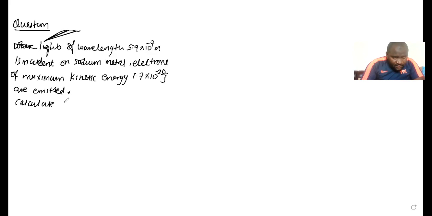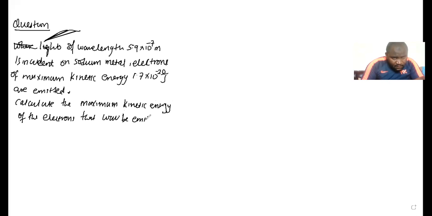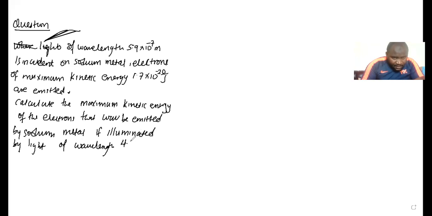Those who have WhatsApp, I've already sent the number, that's page 90. Calculate the maximum kinetic energy of the electrons that will be emitted by sodium metal if illuminated by light of wavelength 4.5 times 10 to the power negative 7 meters.